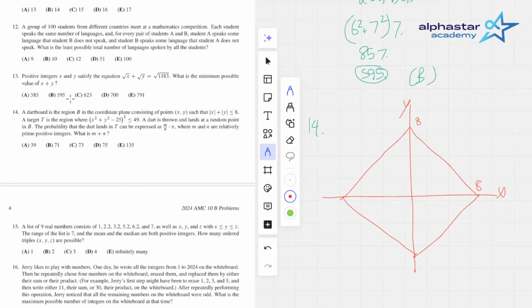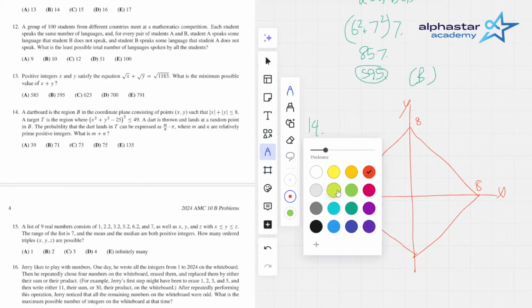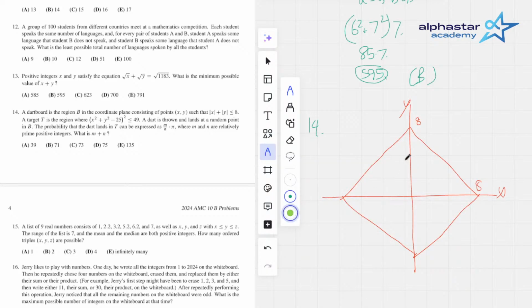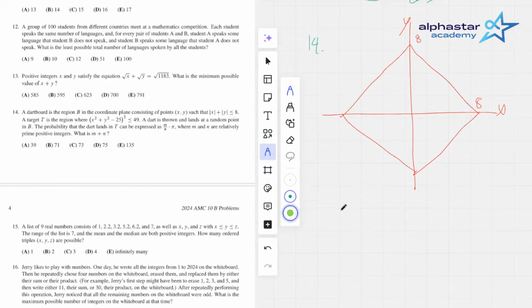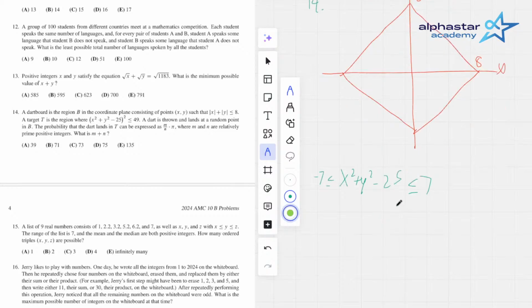Okay. Interesting. Wow, okay. This is just a geometry problem. So x squared plus y squared minus 25 is between negative 7 and 7. So x squared plus y squared is between 18 and 32.